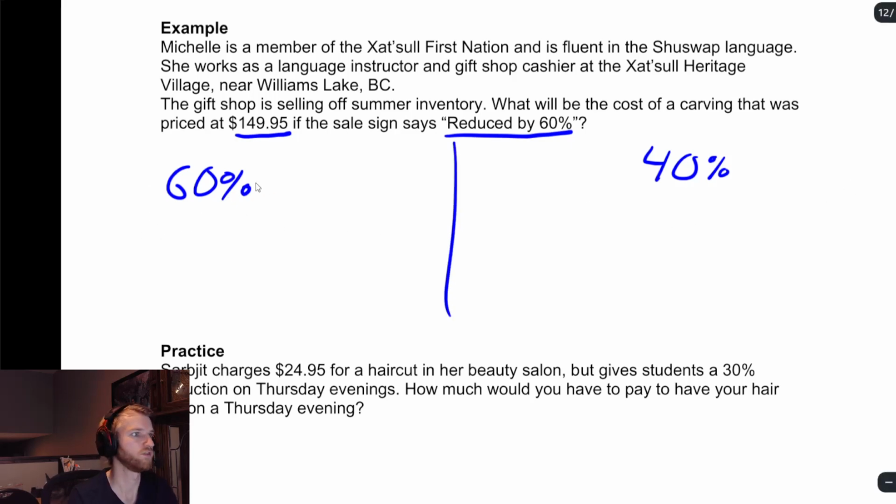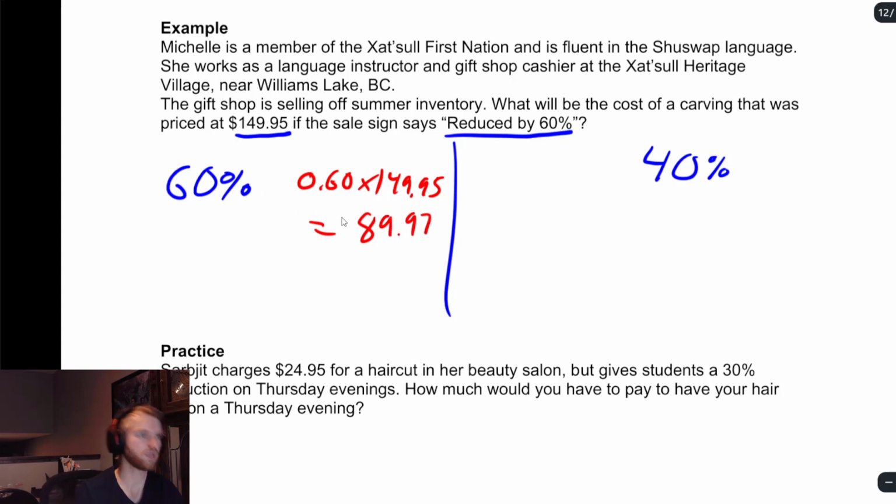60% as a decimal would be 0.60. We divide by 100, and we multiply by 149.95. So 149.95 times 0.6 is $89.97. This is how much it was reduced by. That much was taken off the price.